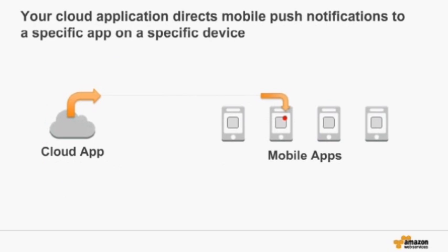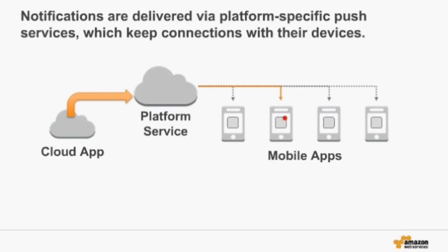In order to accomplish this trick of truly pushing the messages to the user's connected device, each major mobile platform maintains a push notification service that maintains persistent connections with the devices that it owns.